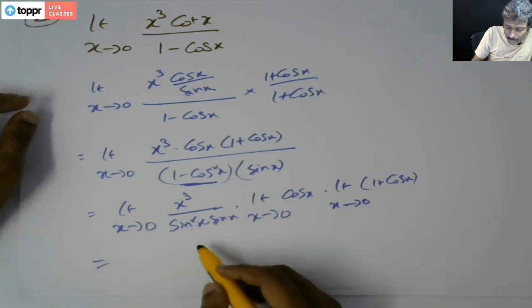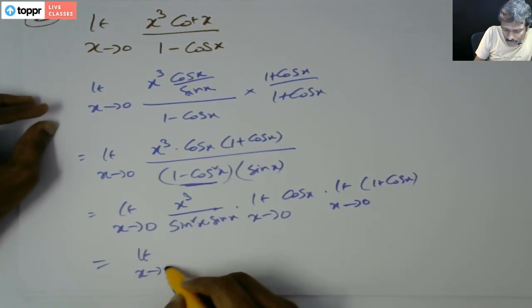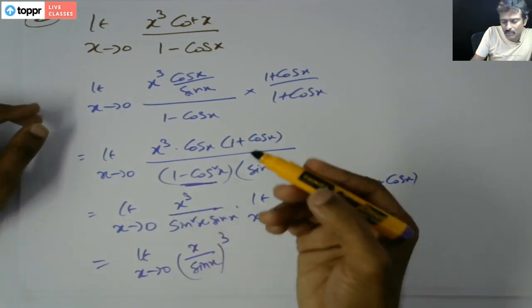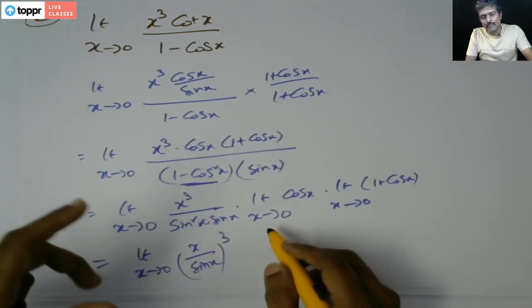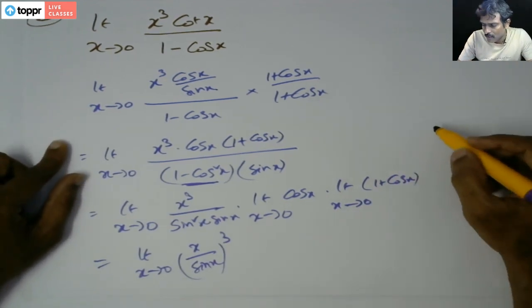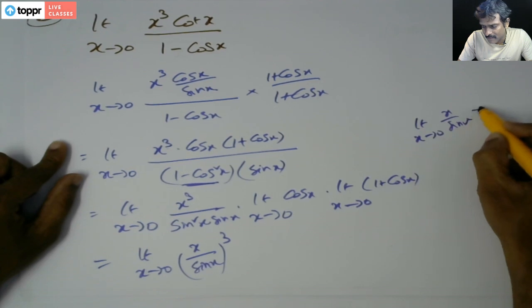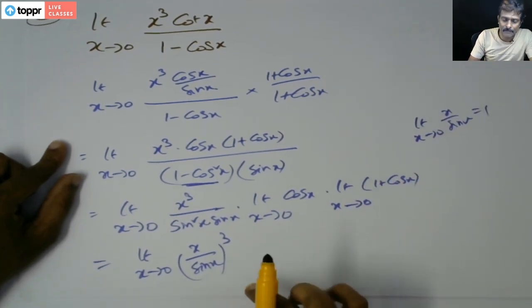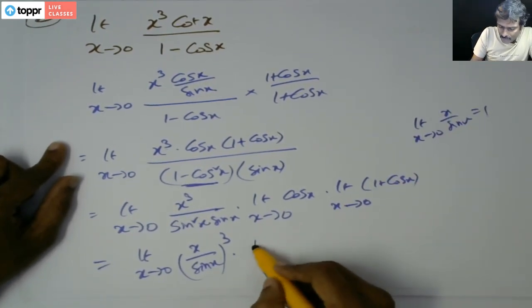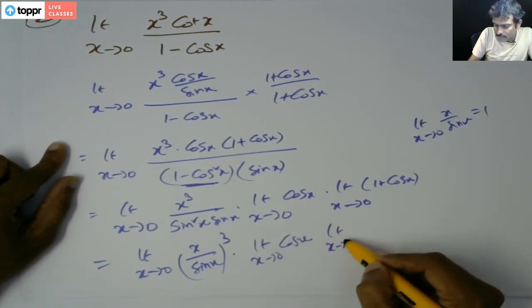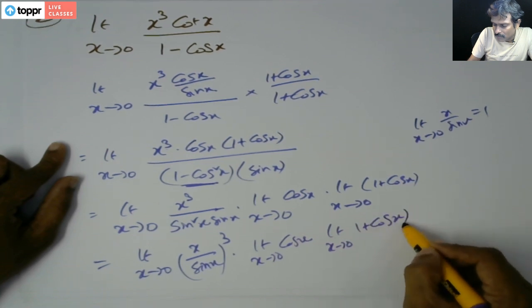Now then this will become limit x tends to 0, this is x by sin x whole cube. See, I am making it into whole cube because we already discussed that limit x tends to 0, x by sin x is equal to 1. So I can apply that principle here, times limit x tends to 0 cos x times limit x tends to 0 1 plus cos x.